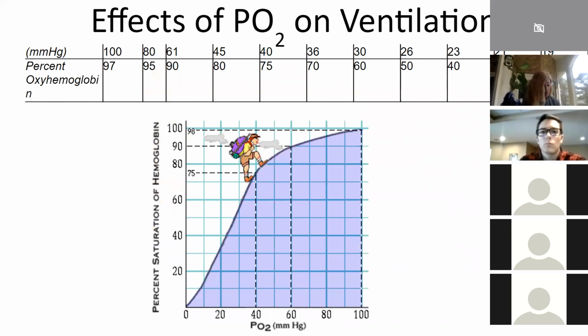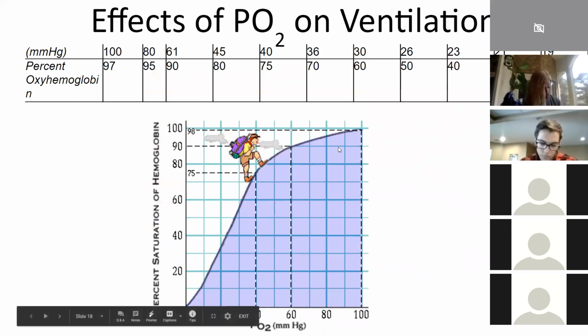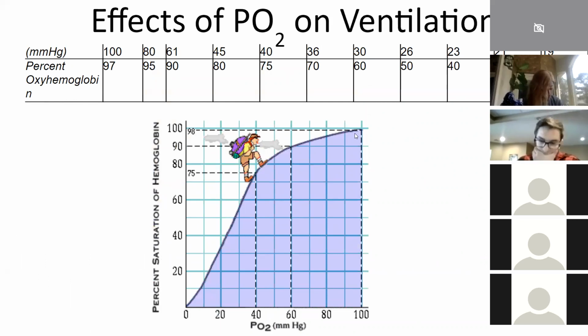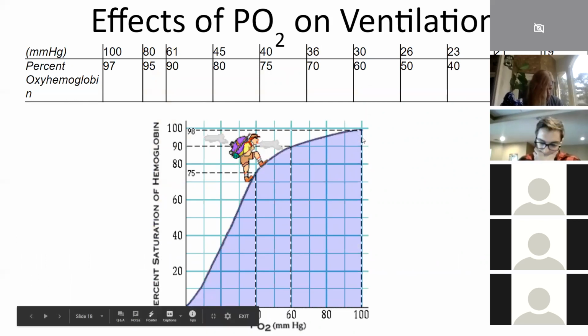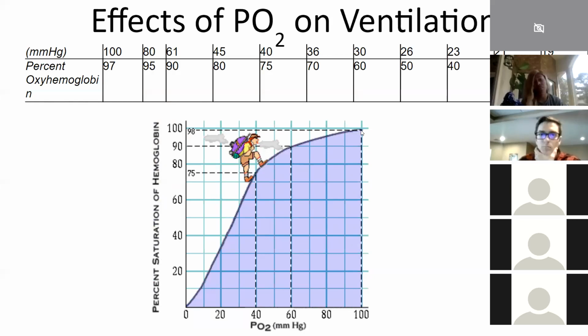That's because most of the oxygen is found on hemoglobin. If you look at this curve, this is a saturation curve that examines the percent saturation of hemoglobin with respect to oxygen concentrations. You can see here that even a dramatic decrease in oxygen concentration in a system, say from 100 millimeters of mercury to 60 millimeters of mercury, which is a 40% drop, doesn't actually mean that the total availability of oxygen is substantially different.